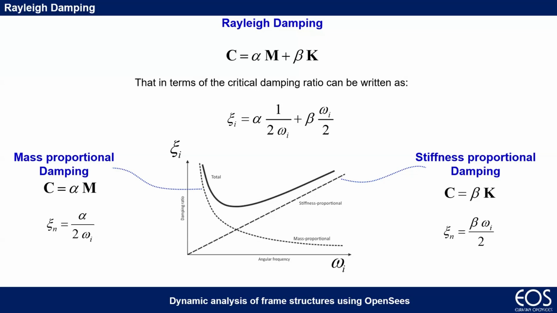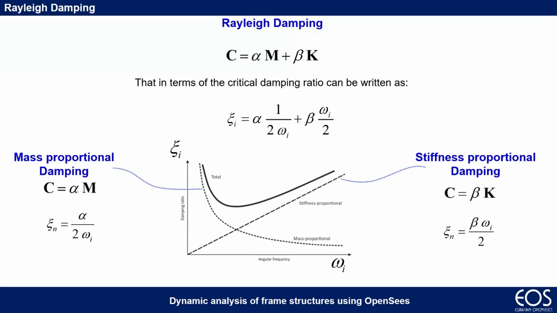So you have this first term that, if you remember, alpha here is the function of mass that is inversely proportional to the frequency. So you have this term here, okay? That is summed to the beta frequency divided by 2, but this is directly proportional, okay?